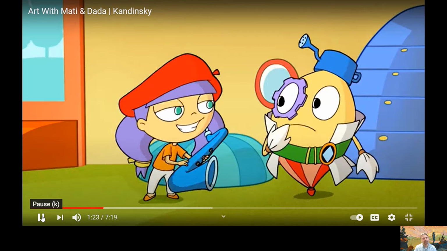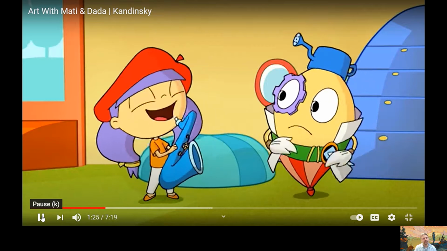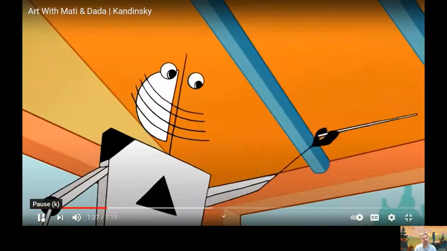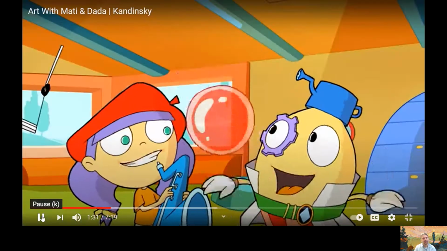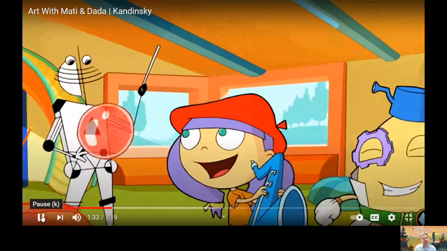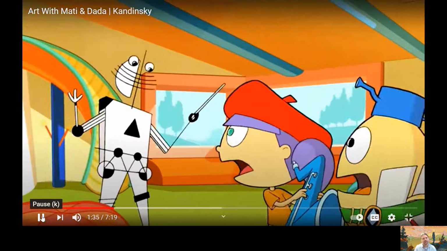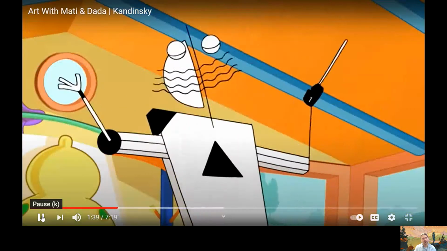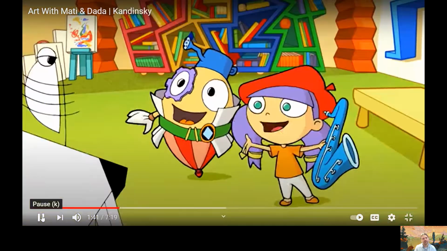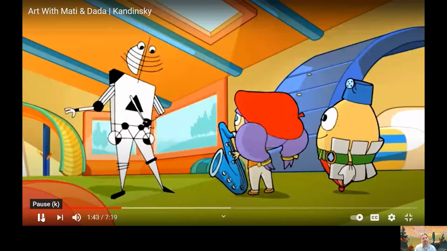Do you think we can make them different colors? Look at that one, Dada. Dada, cool. You were just in the book. I'm the musical man. You're making the music turn into colors.